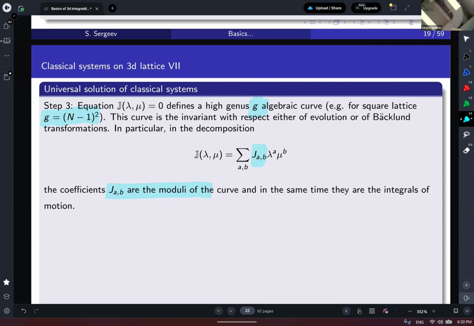And moreover, they are conserved integrals of motion when you consider Kagome lattice as the evolution lattice, as an auxiliary lattice. So they are integrals of motion of the evolution. There is no explanation of this, just miracle.